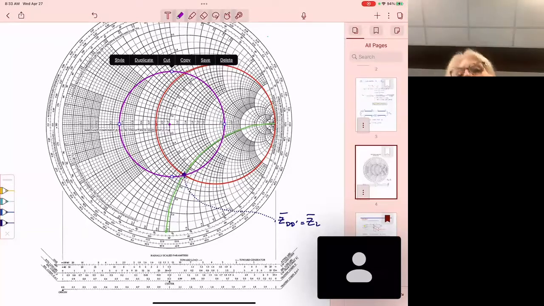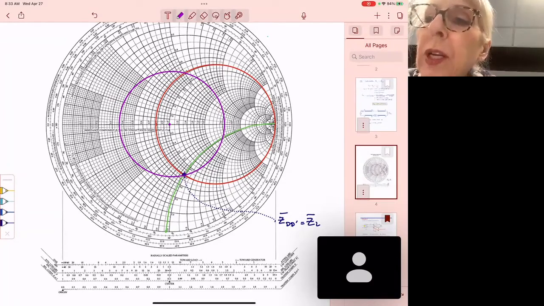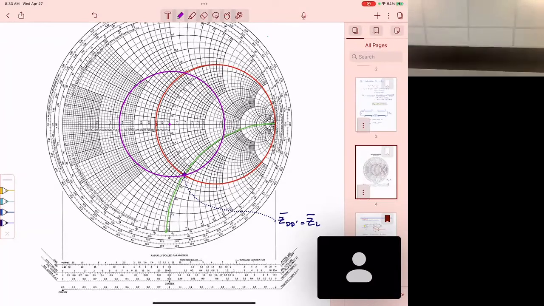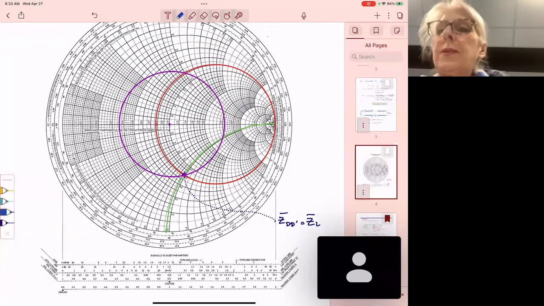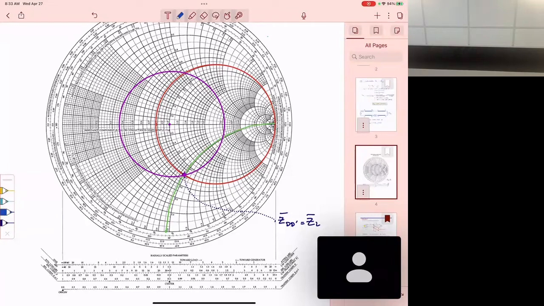Now I have to move on this circle from here. There are two ways of moving from this point, either clockwise or counterclockwise. Which direction do I move? Clockwise. Why? Because I'm at the end of the line. When you're at the end of the line, there is only one way to go, and it's towards the source.